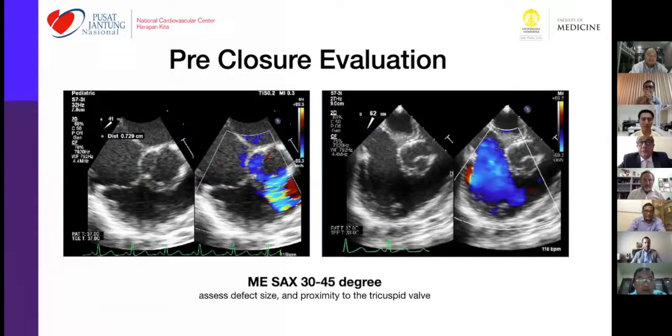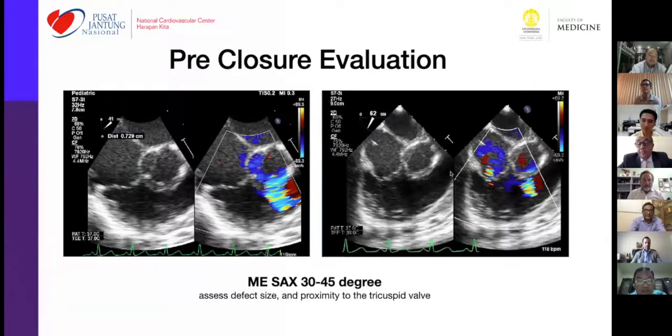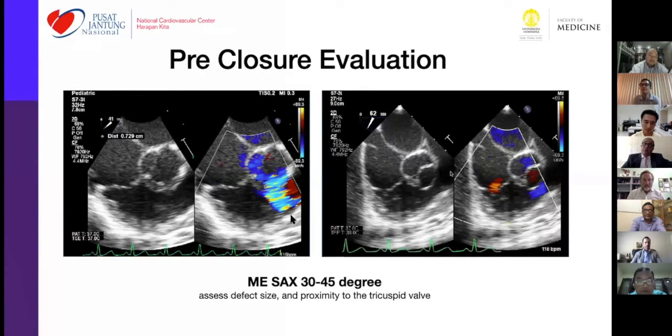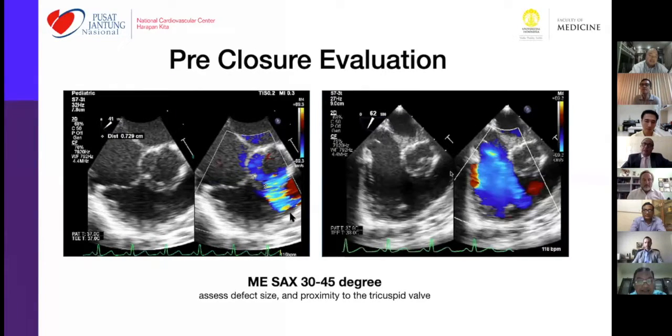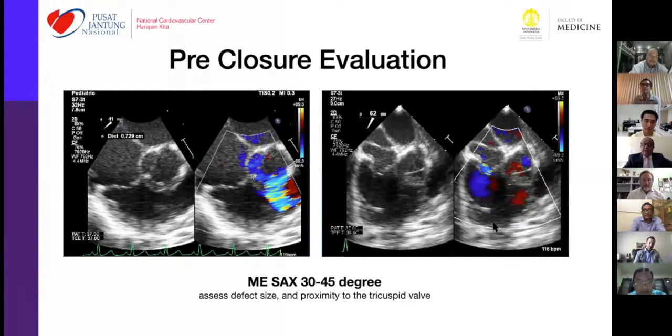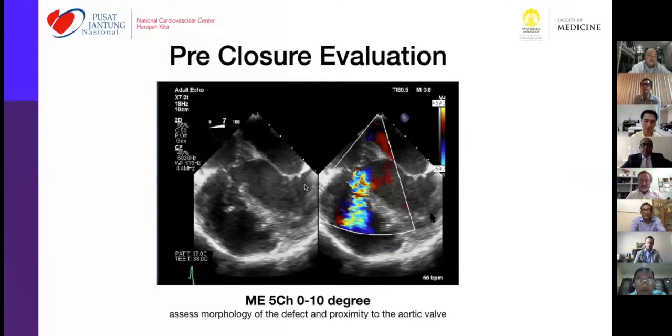Second, from the short axis view, we measure the distance to the tricuspid valve. And the last is the apical 5 chamber, so we can see the orientation from the tricuspid and the aortic valve.